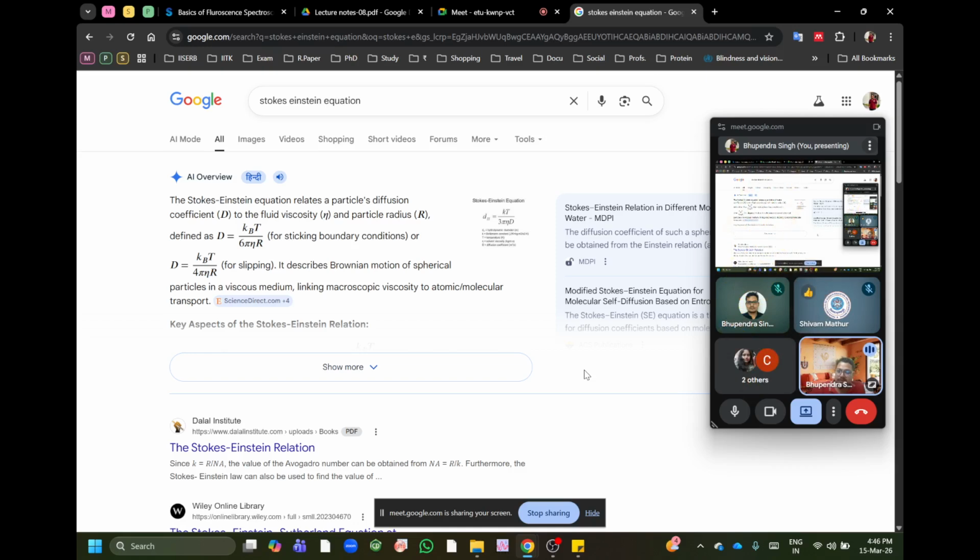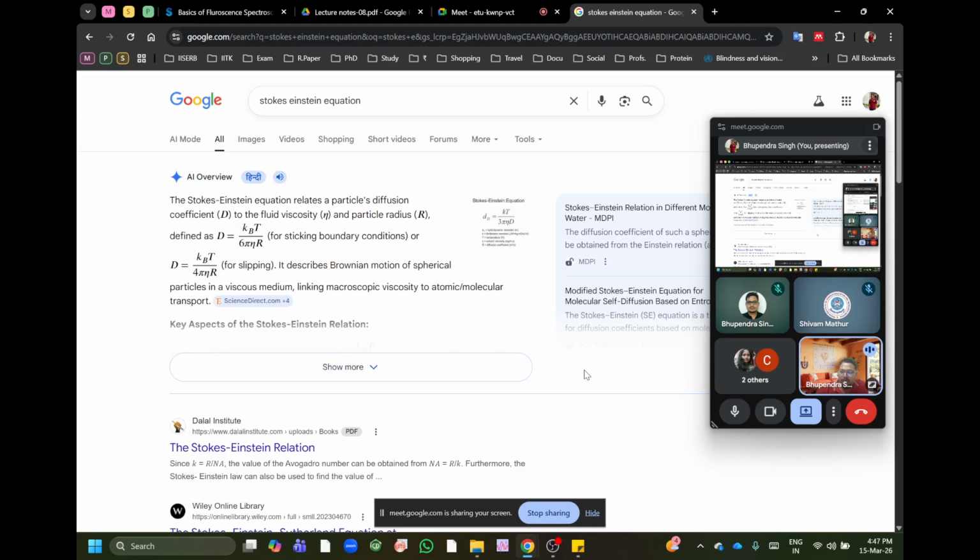The Stokes-Einstein equation relates the particle's diffusion coefficient D to fluid viscosity and particle radius, and is defined as D equals kBT divided by 6 pi eta r for the sticking boundary condition, or D equals kBT by 4 pi eta r for slipping.